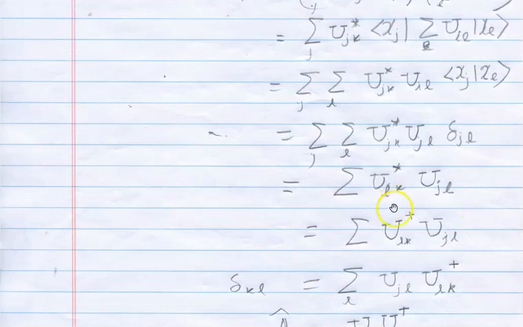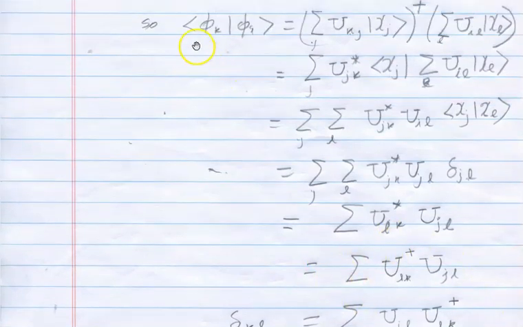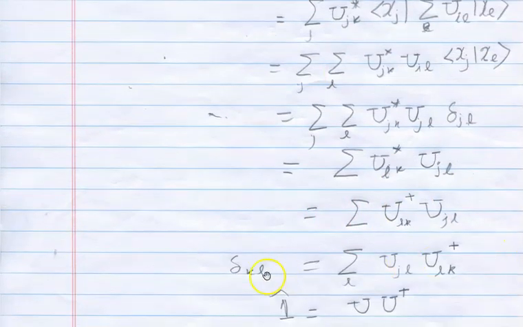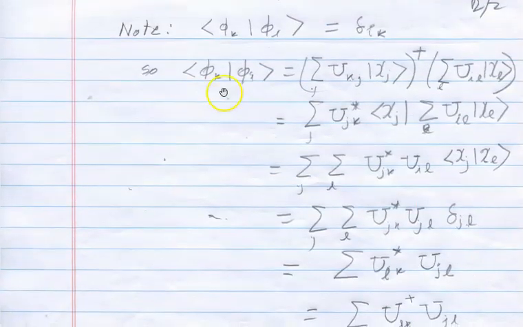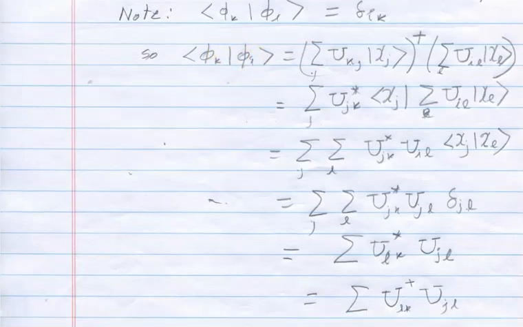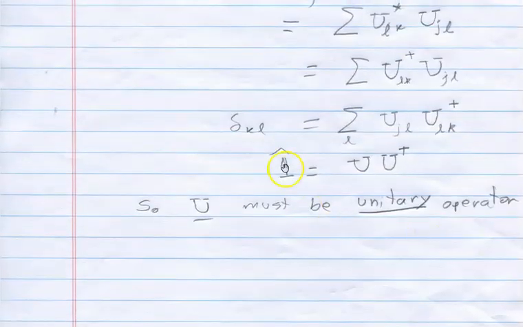So this turns into the matrix result that when I operate this, well, these are delta_ik, and this is just this product here. Remember, this was an orthonormal basis, and so this is a delta_kl. But that's just an identity matrix, and so we get that U dagger U has to be equal to an identity matrix.